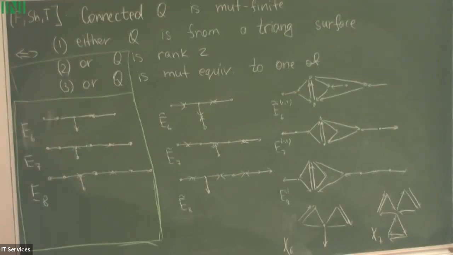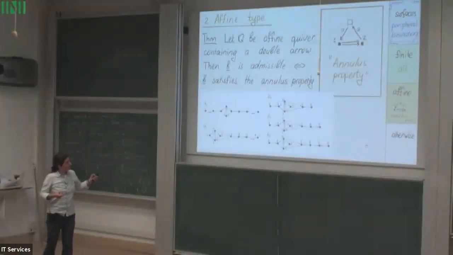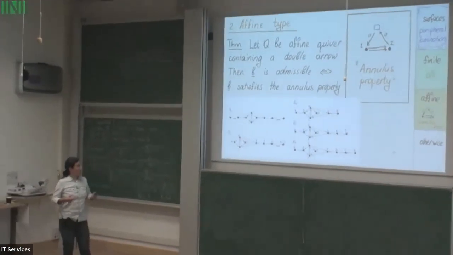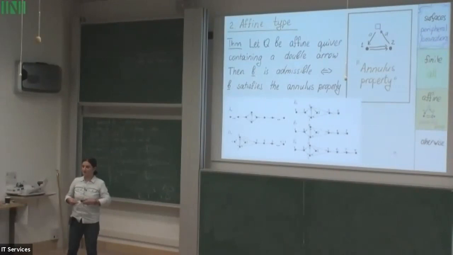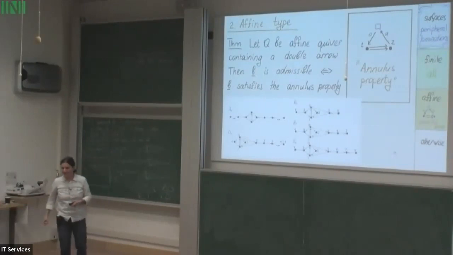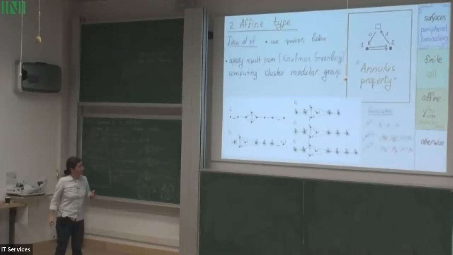So something like this, in the same mutation class. And this allows us to find a representative in every mutation class where we really can say which vectors are admissible, and if we need to go to another one, we just need to mutate and check.